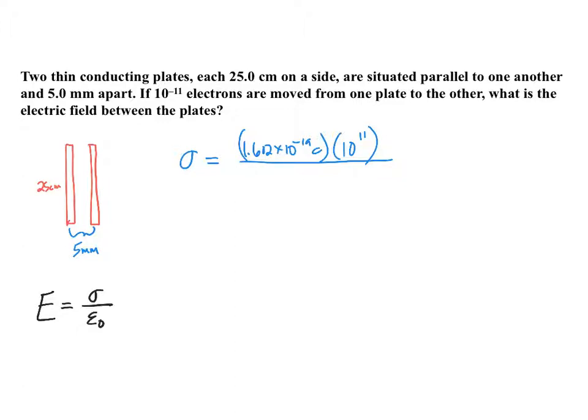I need to erase that minus there. It should be 10 to the 11th, not 10 to the minus 11th. So be mindful of that. You can't move 1/10 trillionth of an electron. You're moving 10 to the 11th electrons. What's the electric field between the plates? All right, so next thing is that was over epsilon naught.